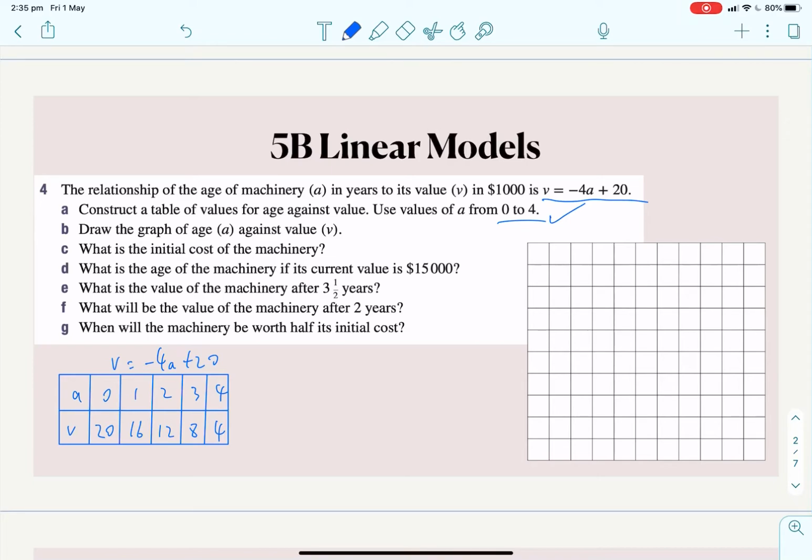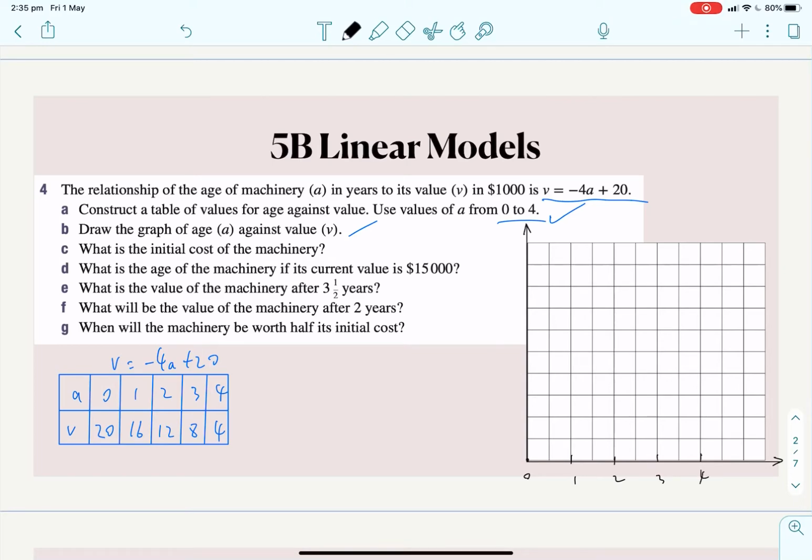The second bit asks you to draw a graph. Let's do the basics for a graph first. We need the axes. We go from 0, 1, 2, 3, 4.